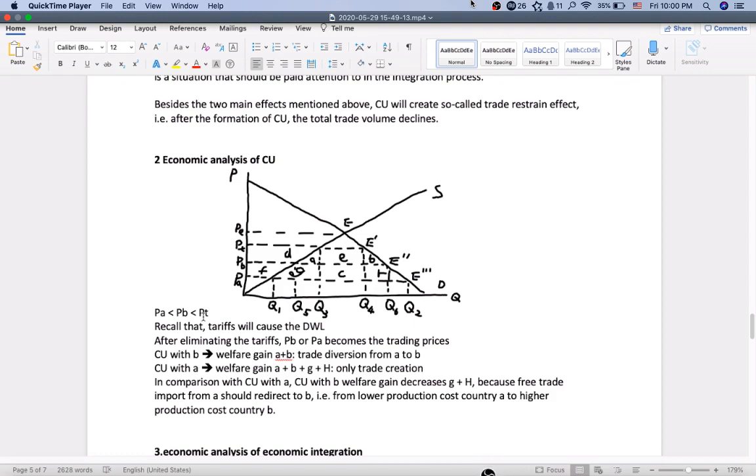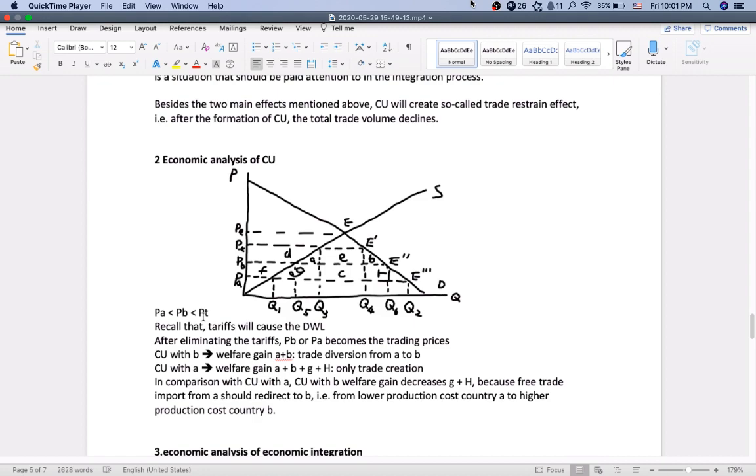And the welfare analysis shows that when it is aligned with the country B, compared with the price PT, the consumer's price is reduced to the PB.